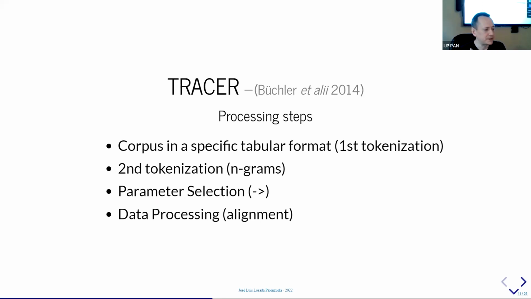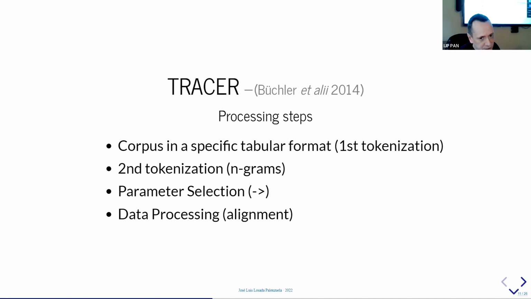The simplified processing steps for tracing are, first, you need a corpus in a specific tabular format. That's actually just the first tokenization you have to do, because you have to decide whether you want the verse, paragraph, chapters, or whatever.